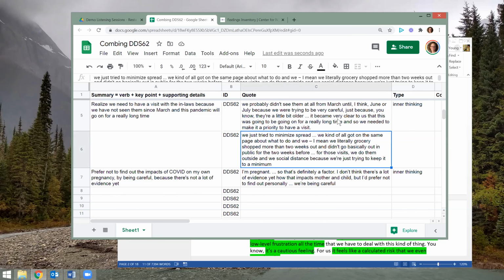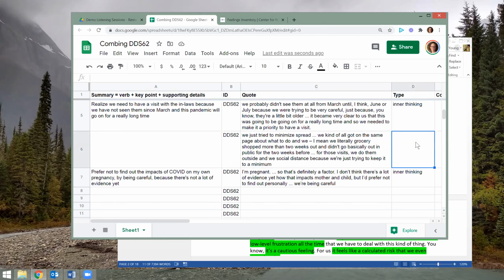This one, if I summarize that, that's also inner thinking, although it could trend toward a guiding principle that she is using to make decisions. And it does sound that way, except that one point that she is tied to a place and a time, that we literally grocery shop more than 2 weeks out and didn't go out in public.